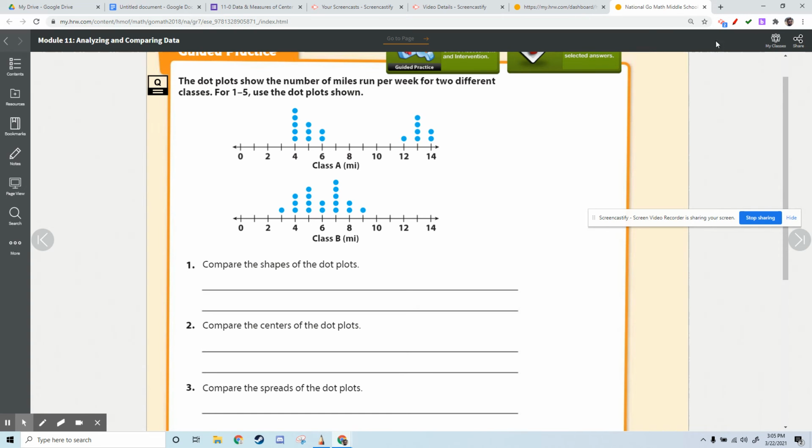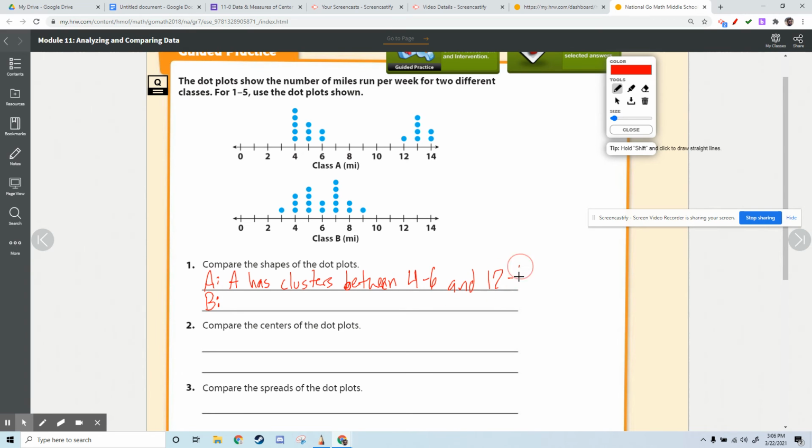Class A. So here's what we'll do. We'll just say A here and B here. Okay, so A has clusters between 4 to 6 and 12 to 14, and a gap in between.